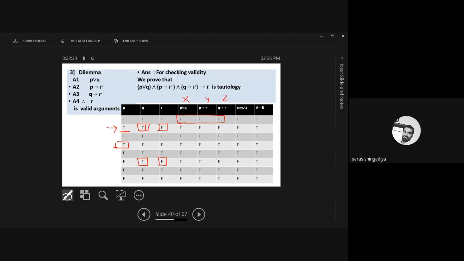In the first row, all data are T, so it will be T. Then in the third row, all this data are T, so it will be T here. Clear? And then in the fifth row, all this data are T, so it will be T. And in the rest of all the cases, it reflects false.